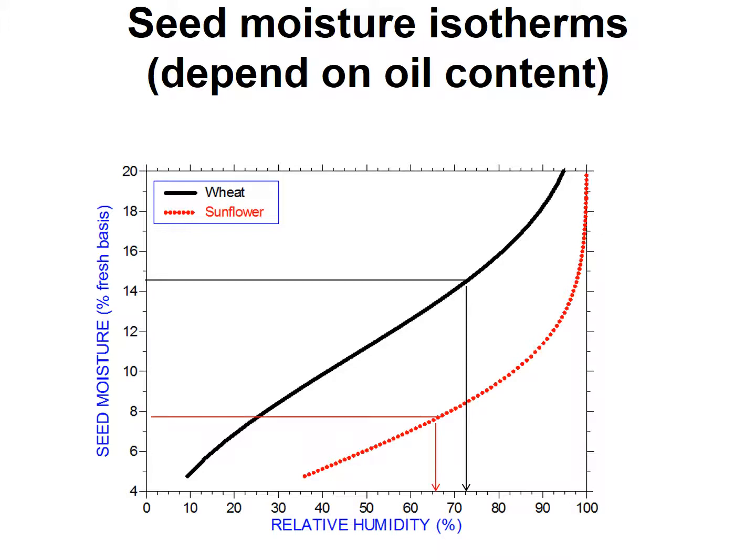So, for a given relative humidity, the seed moisture content will be much higher when the oil content is low. If we consider values around 70% of relative humidity, that means that the water content in the seeds might be from around 14% for wheat to around 8% for sunflower.